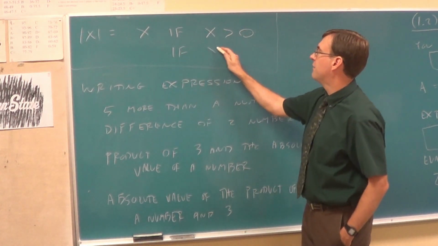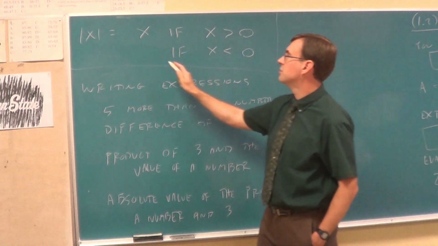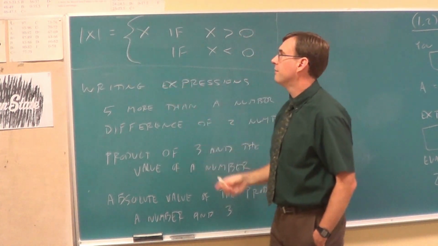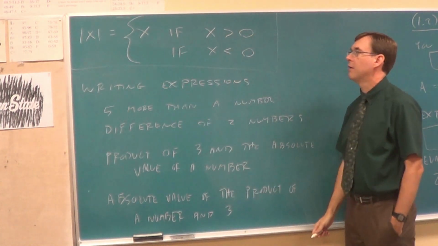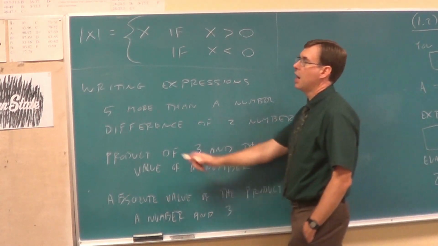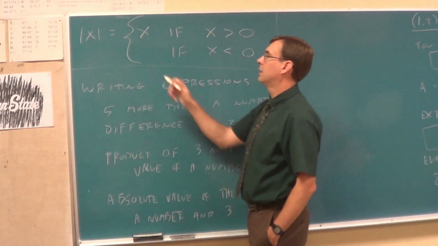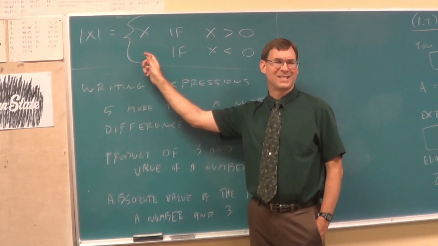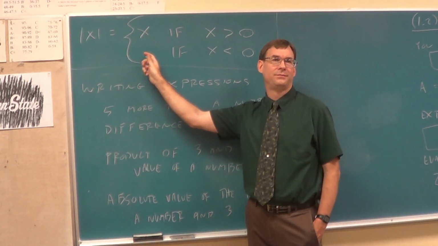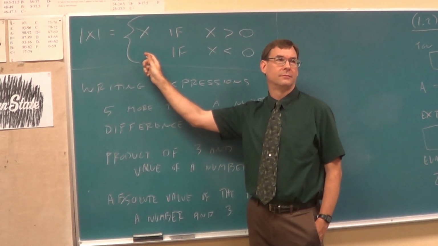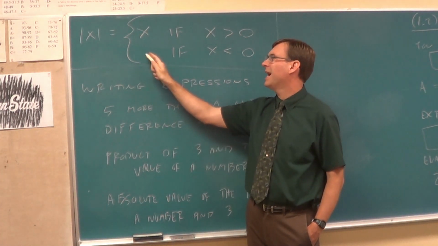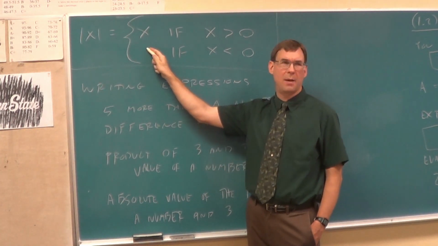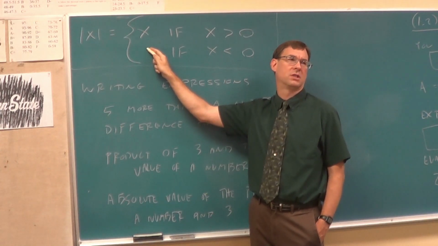Okay, so if x is less than 0, there's a second choice. And every book will put this little squiggly bracket around the 2 levels just to let you know we could do 2 different scenarios here. What do you do if x is negative? It becomes positive. How can I tell you that a negative x is becoming positive? How can I show you that with symbols?